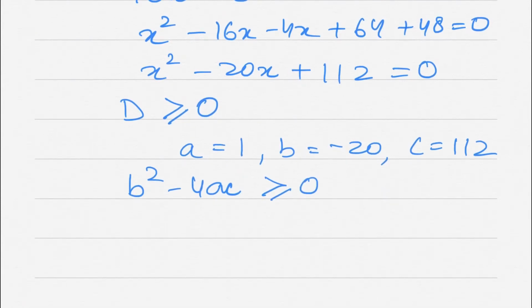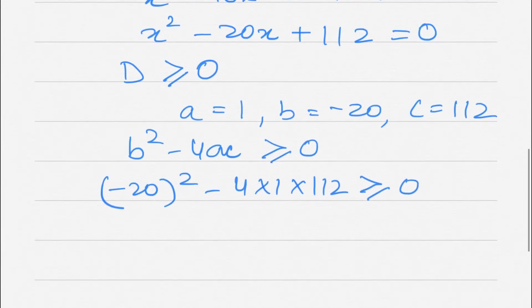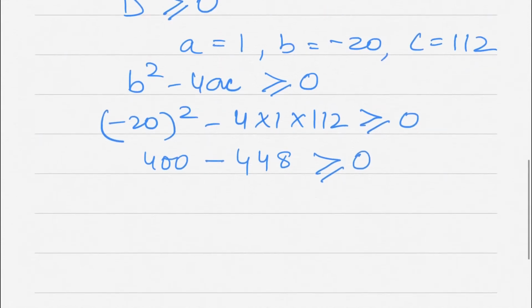So minus 20 whole square minus 4 into 1 into 112 is greater than or equal to 0. This is 400 minus 448, should be greater than or equal to 0, that's the condition. But here I am getting minus 48, which is not greater than or equal to 0.